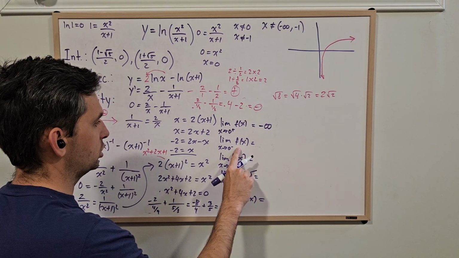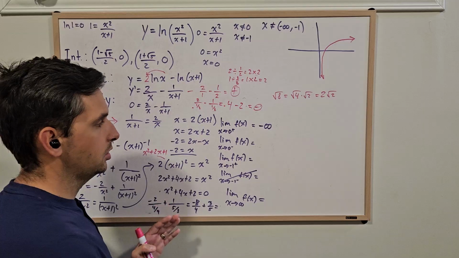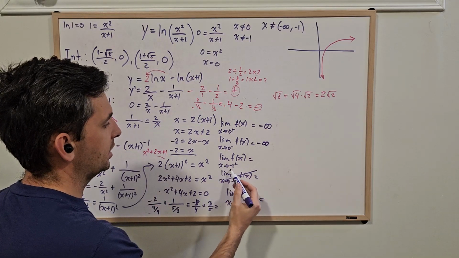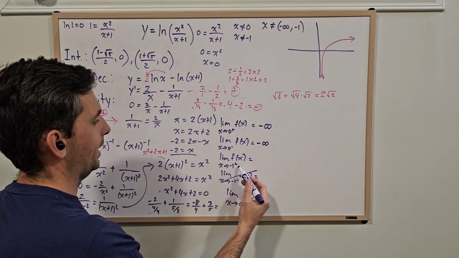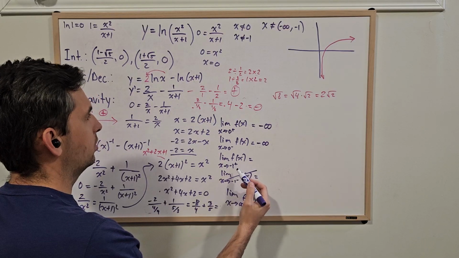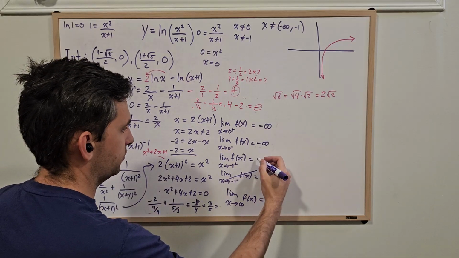Here, approaching 0 from the left side, you'll see that you'll also have negative infinity. Negative 1 from the right-hand side, you're going to have positive infinity.